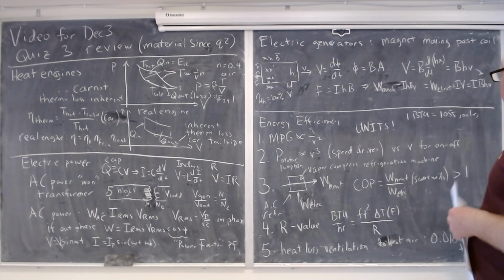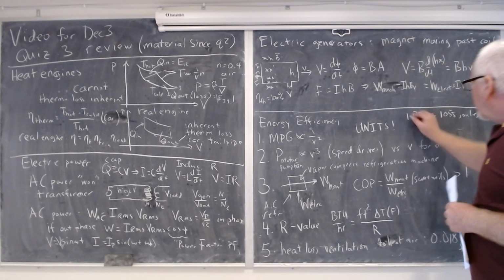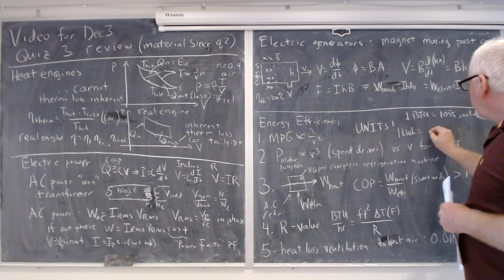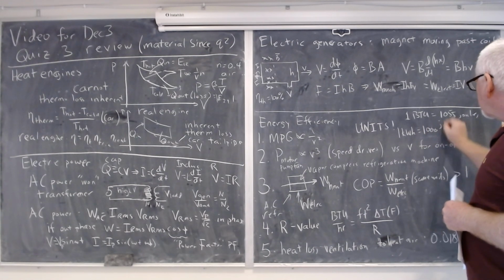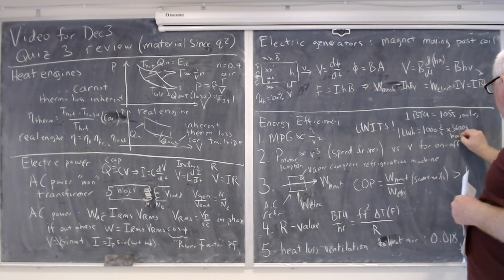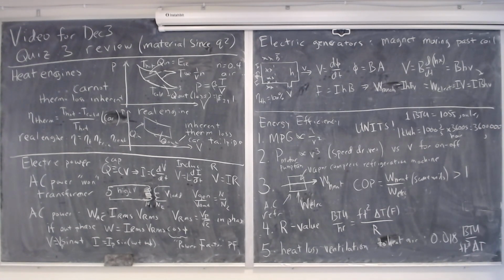You may need to make unit conversions in anything in this class. 1 kilowatt hour is 1,000 joules per second, that's a kilowatt, times 3,600 seconds, that's an hour. So it's 3.6 million joules. So in any of this stuff, you may need to do unit conversion. So that's throughout the class.